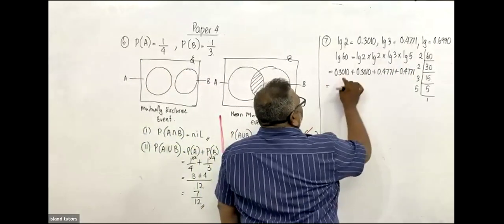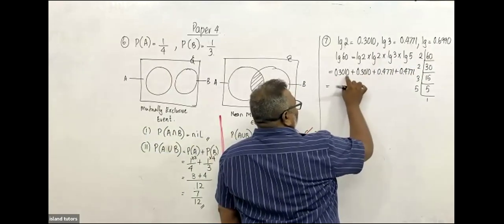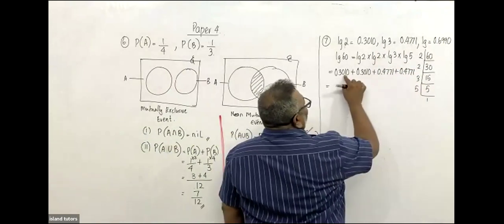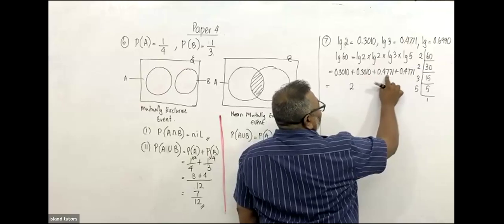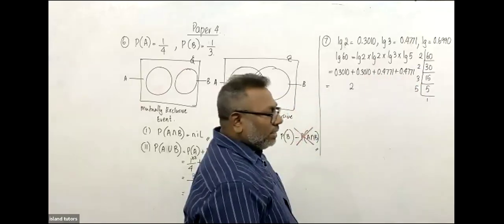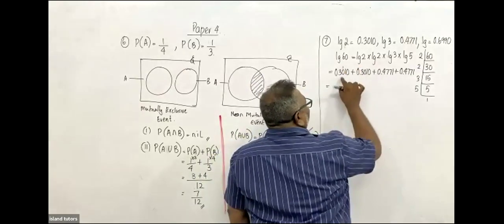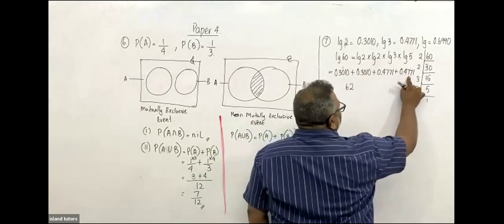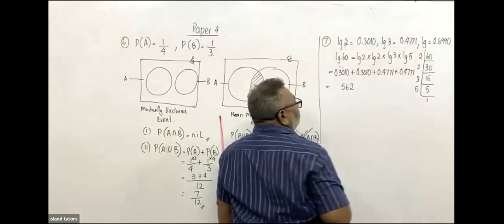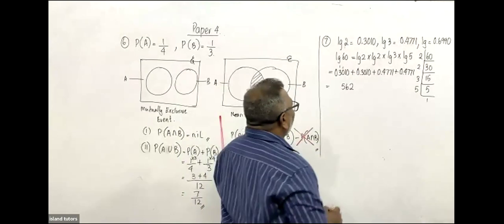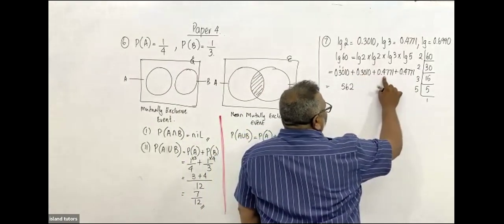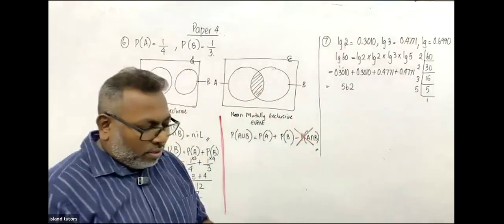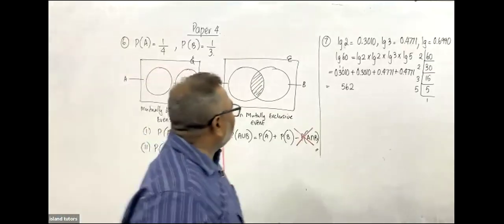How much is it? 0 plus 0 plus 1 plus 1 is 2. 1 plus 1 is 2, plus 7 is 9, plus 7 is 16. 1 carry forward. 1 plus 0 is 1, plus 7 is 8, plus 7 is 15. 1 carry forward. 1 plus 3 is 4, plus 3 is 7, plus 4 is 11, plus 4 is 15. Am I done it correctly?